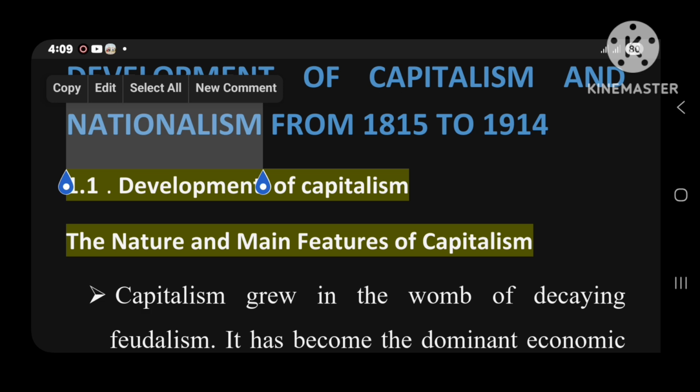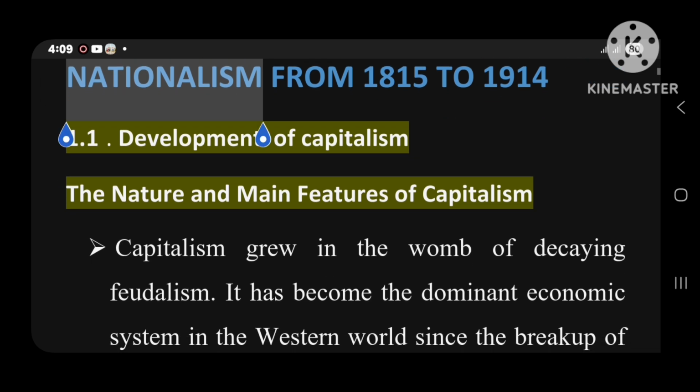When I say capitalism, it's a political ideology which came after the decaying of feudalism. So capitalism grew in the womb of decaying feudalism. That means the beginning of capitalism had already started in the last stage of feudalism.